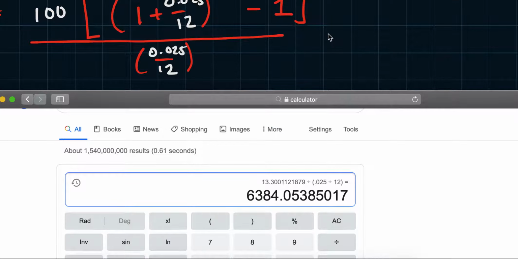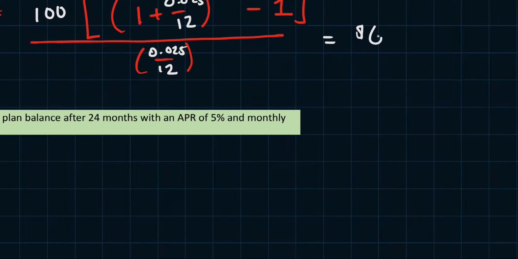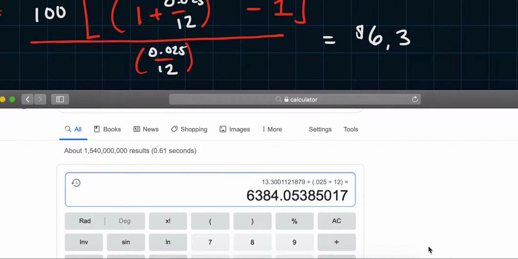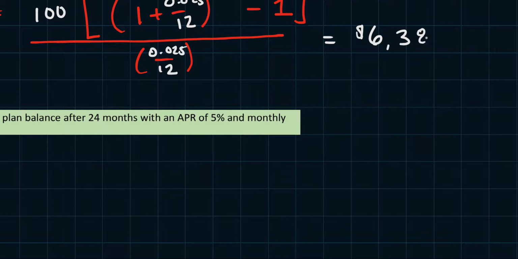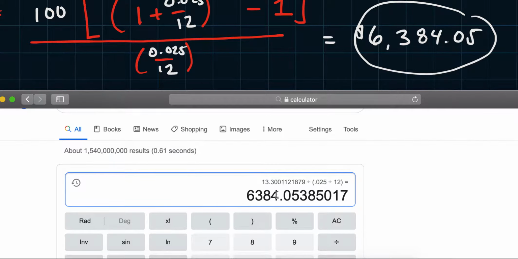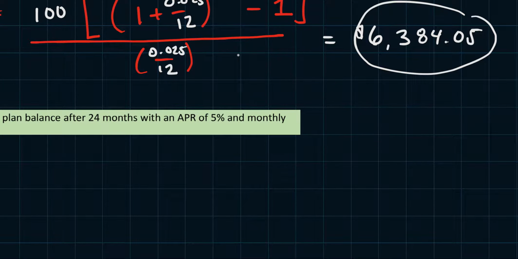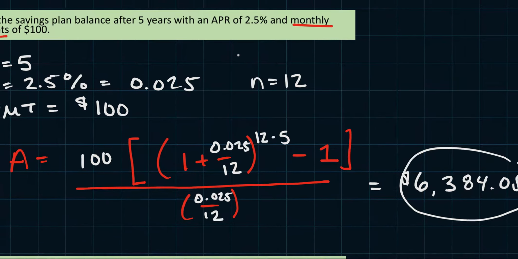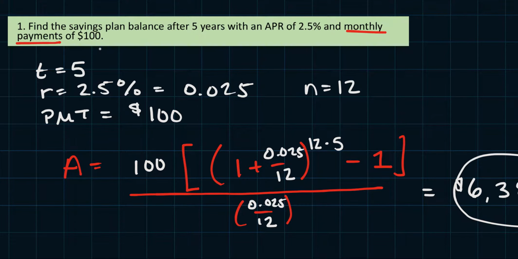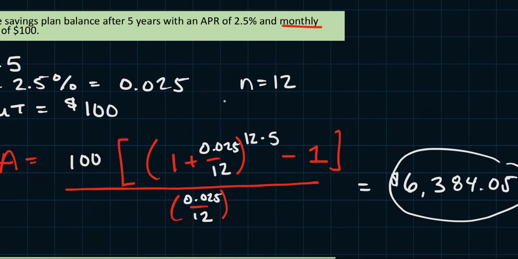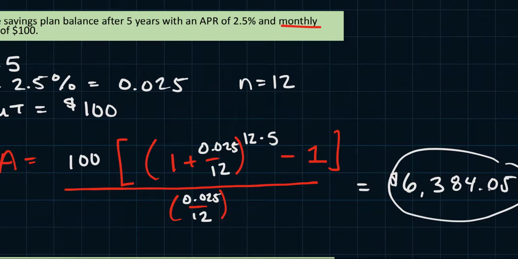Now we have our answer. 6,384.05. So if we put $100 in every month for 5 years, we will have $6,384.05.